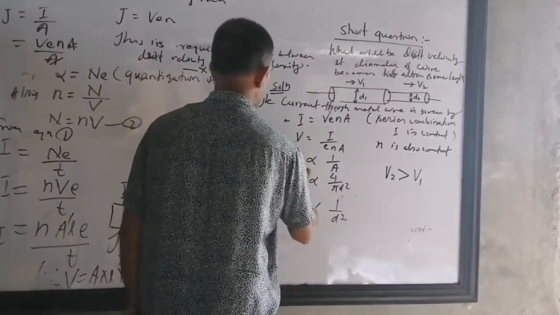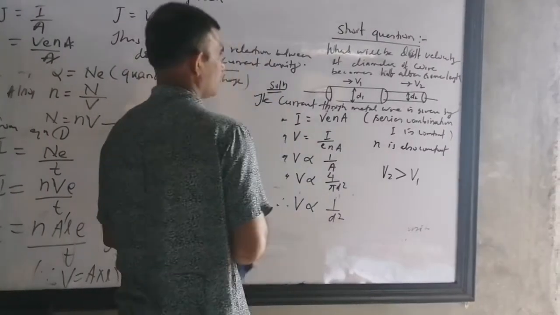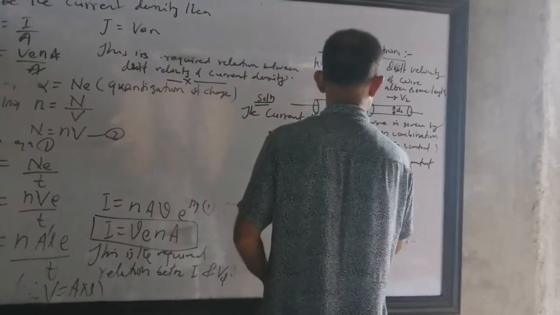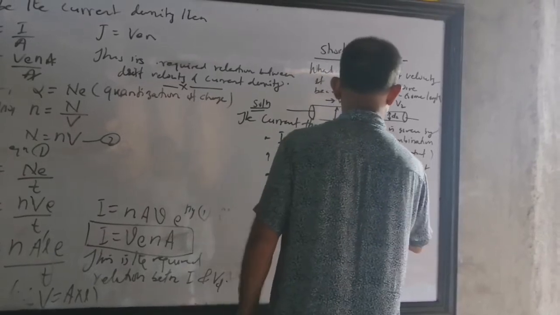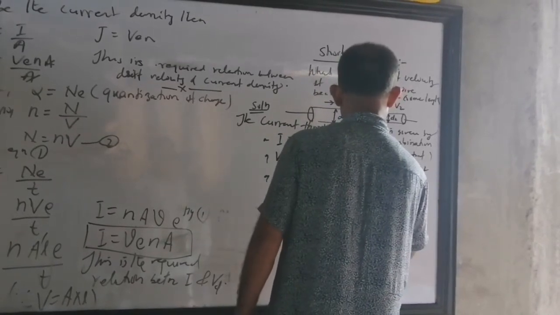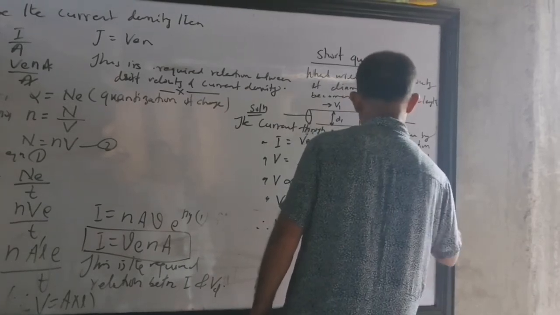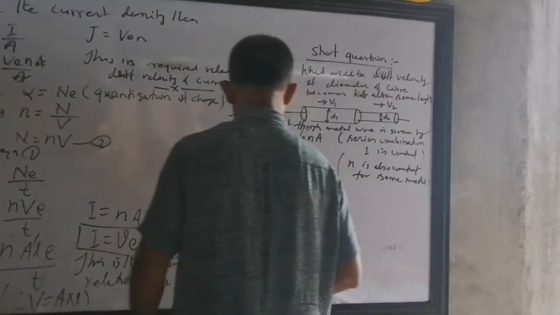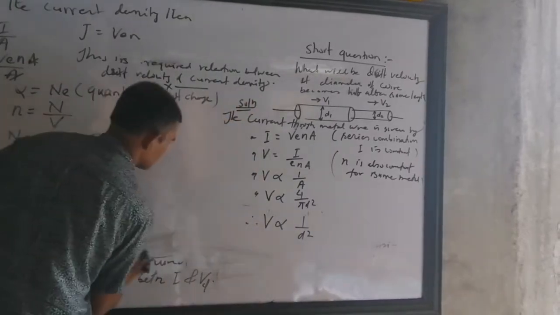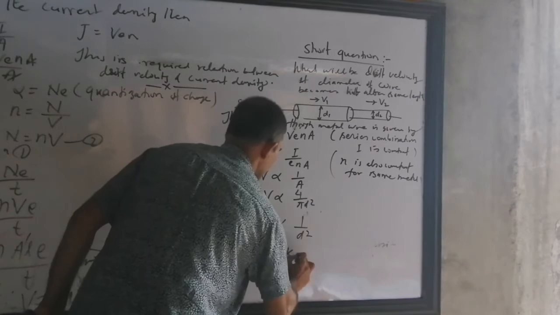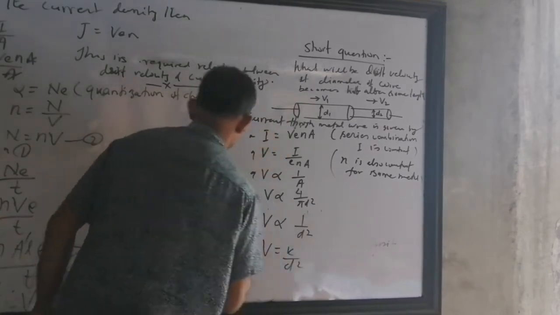You add this and that, and you reach up to here. Also write inside that n is constant for the same metal, and then you can write V equals some constant by d square.